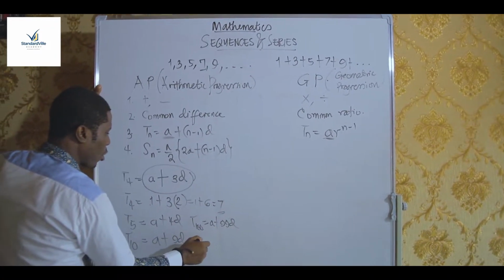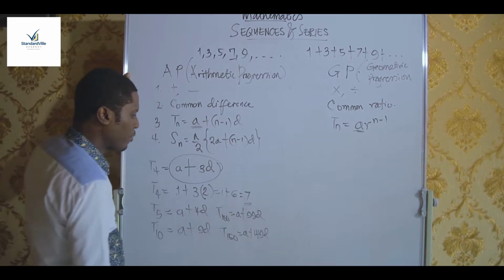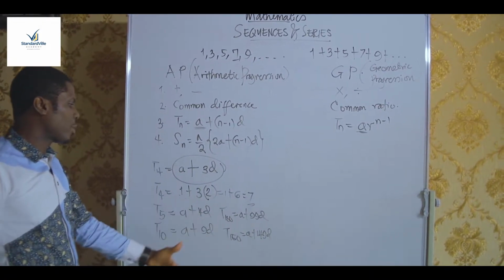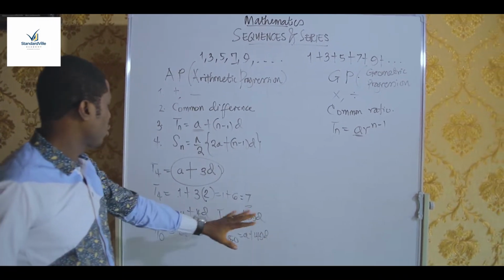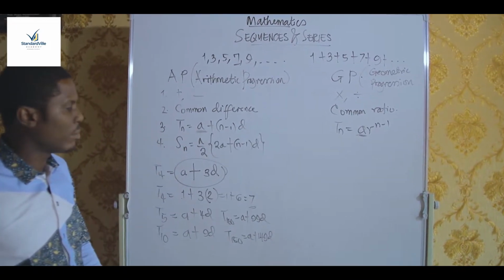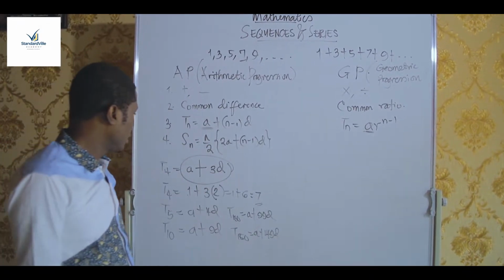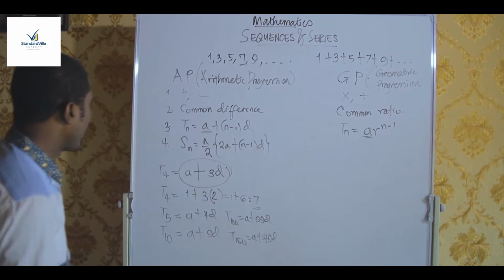For T150, it will be a plus 149d. Don't forget that, because so many questions you're going to meet in WAEC, JAMB or NECO exams require you to remember how to get the nth term for an AP or a GP, depending on the question. Knowing this has solved the problem halfway already.